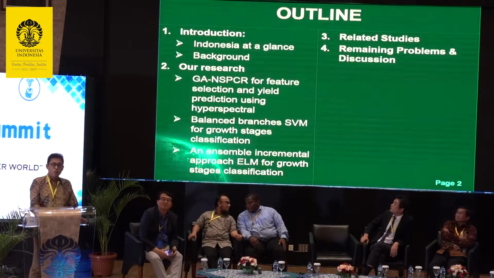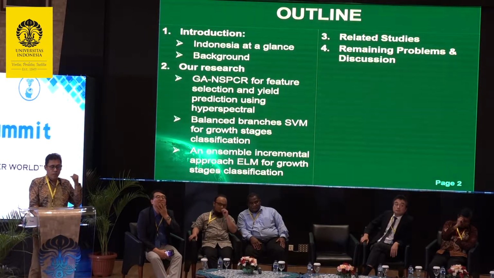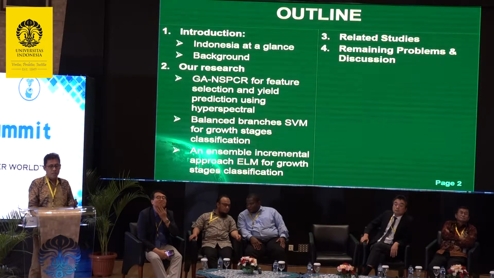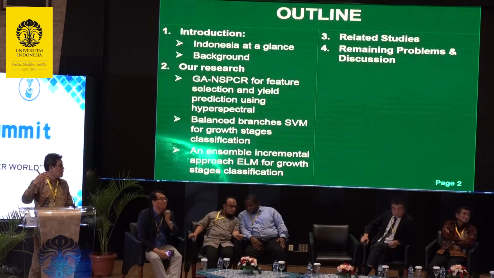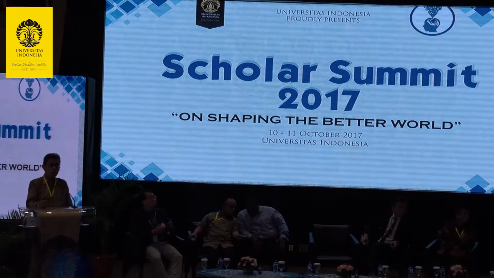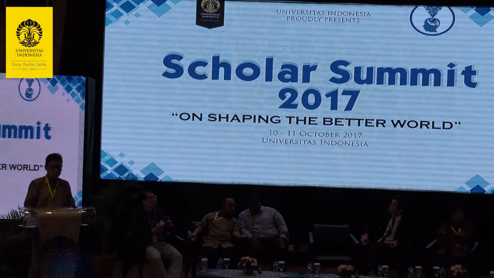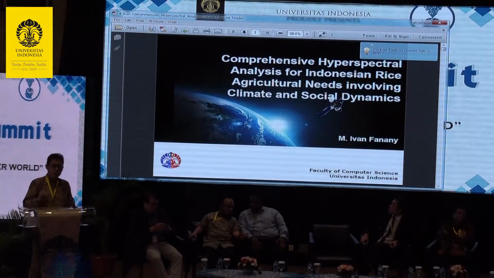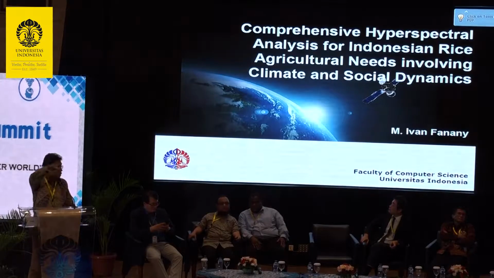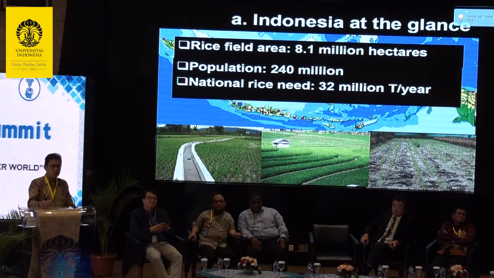So, there are two main bodies in Indonesia: the Central Bureau of Statistics and the Ministry of Agriculture, that regularly update their information about the rice need for Indonesia. They employ thousands of people that we call Mantri Statistik and Mantri Tani in various parts of Indonesia to give some data to make statistical estimation.